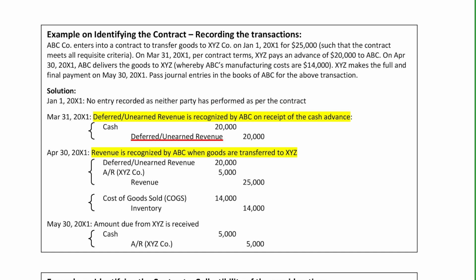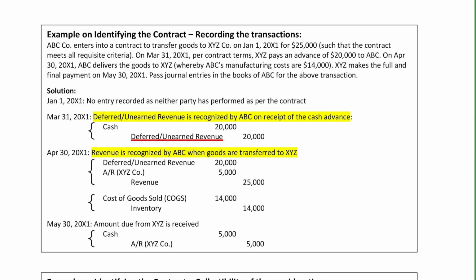It is now that you reverse off, underline the deferred or unearned revenue, which is sitting on the liability side of the balance sheet. So basically, when a cash advance was received, that was recognized as a liability, a deferred unearned revenue. But when the entity delivers and recognizes revenue, that liability is reversed.